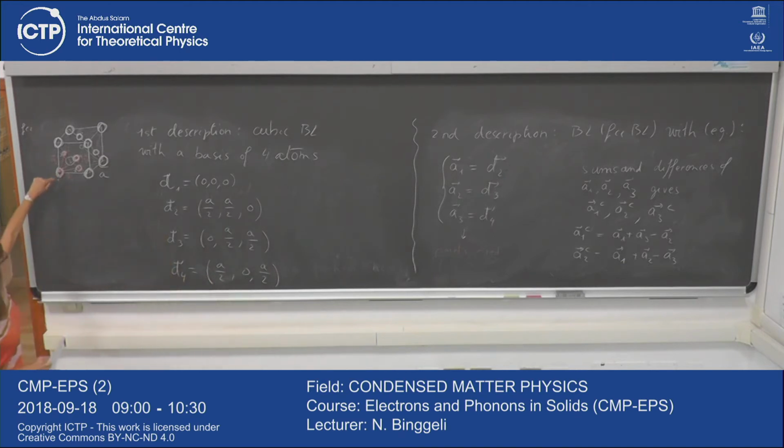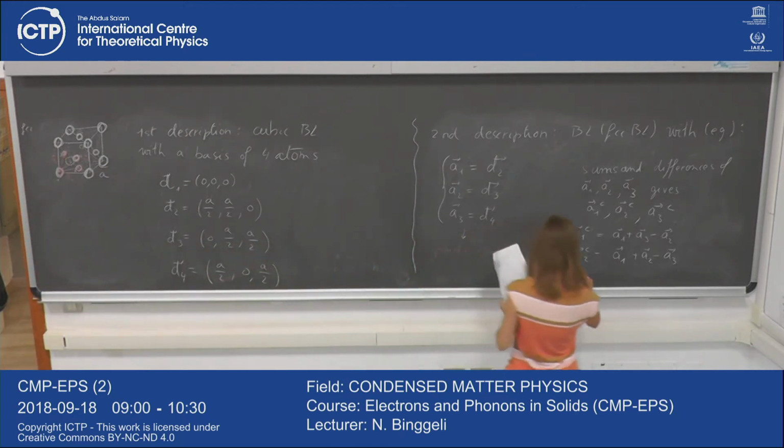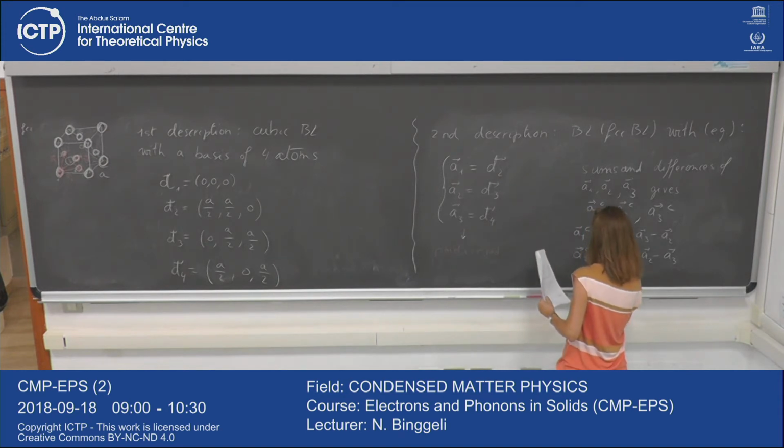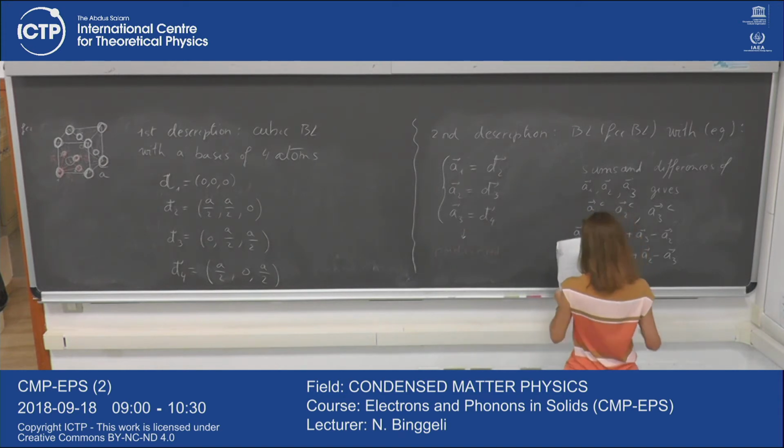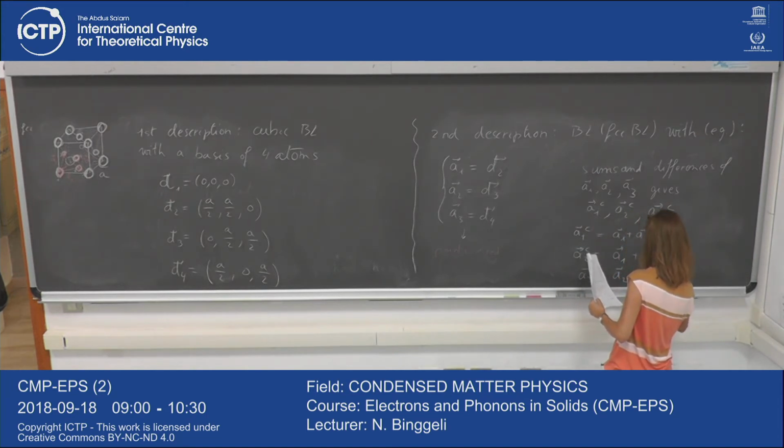If I do A1 plus A2 minus A3, I obtain 0, A, 0, the vector at the edge of the cubic lattice here, A2 cubic. The third one is obtained similarly as A2 plus A3 minus A1.